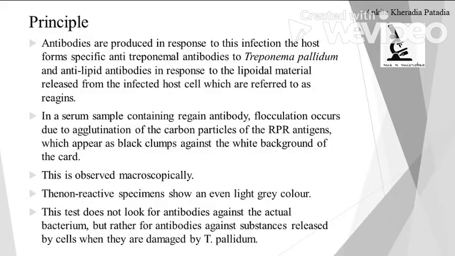Now the principle of the test: when antibodies are produced in response to this infection, the host forms specific anti-treponemal antibodies to the Treponema pallidum bacterium, and anti-lipid antibodies in response to the lipoidal material released from the infected host cell, which are referred to as reagin. In a serum sample containing reagin antibody, flocculation occurs due to agglutination of the carbon particles of the RPR antigen, which appears as a black clump against the white background of the card.